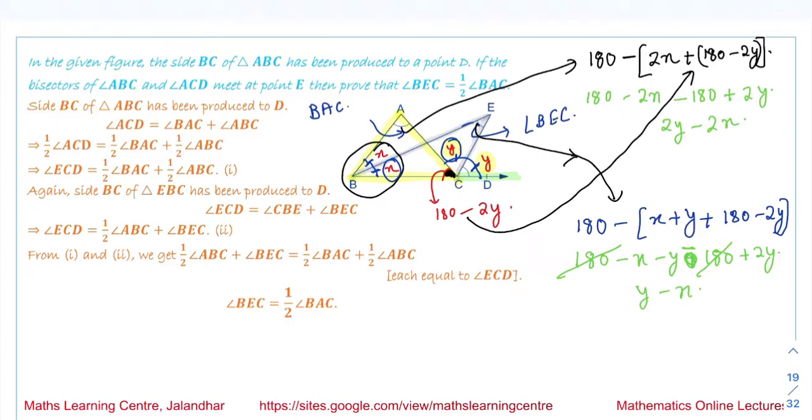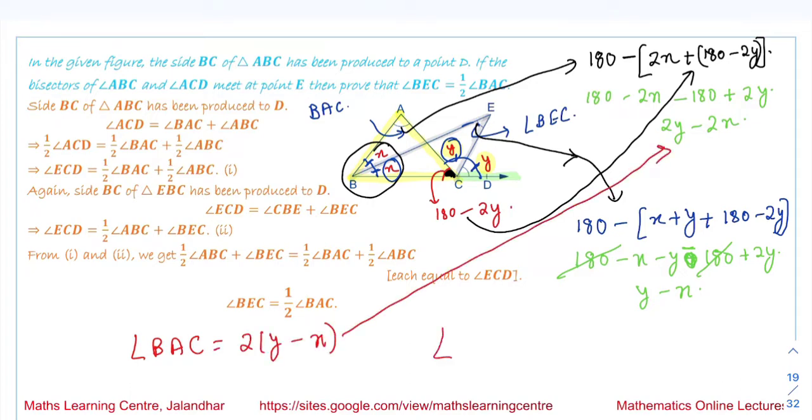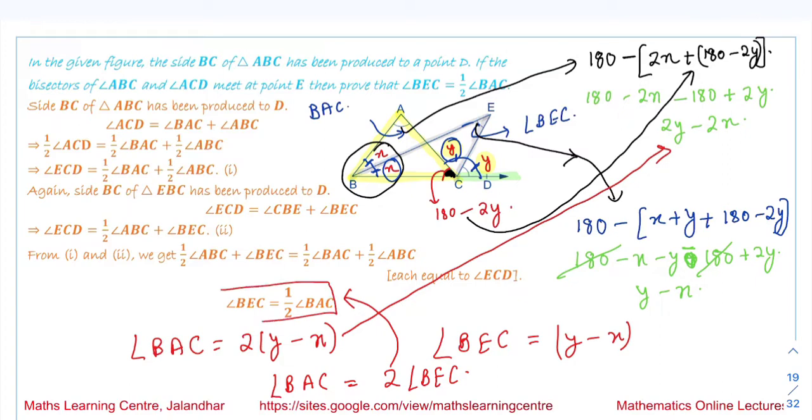So angle BAC is equal to 2 times y minus x, and the angle we are calculating over here, BEC, is equal to y minus x. So angle BAC is equal to 2 times angle BEC, and this is what we had to prove. You can write these equations in the form of angles, or you can write them as x and y. It is up to you how you want to solve these questions.